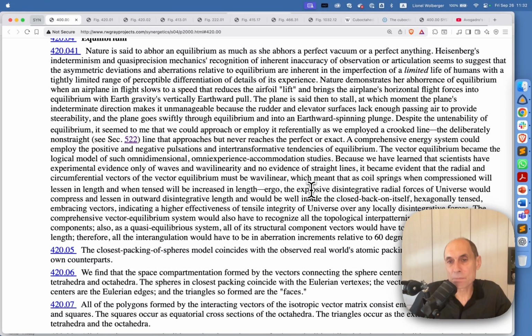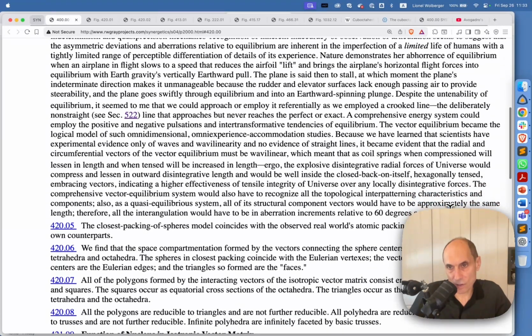Ergo, the explosive disintegrative radial forces of universe would compress and lessen in outward disintegrative length and would be well inside the closed back on itself hexagonally tensed embracing vectors, indicating a higher effectiveness of tensile integrity of universe over any locally disintegrative forces.